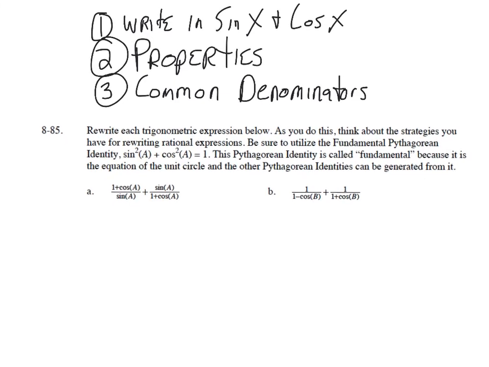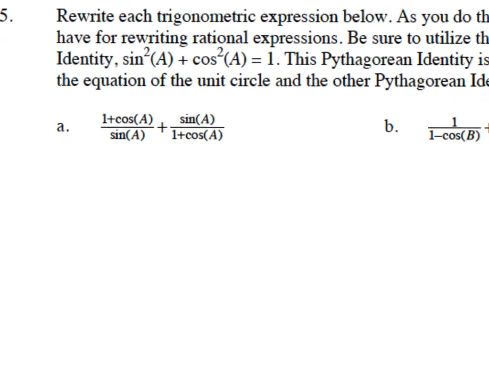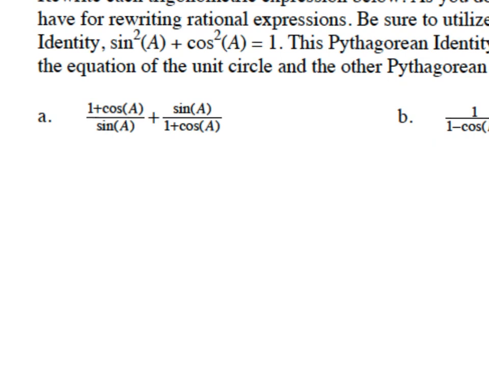So in this first problem, it looks like everything's in terms of sine and cosine already. Now what I need to do is get a common denominator. So I'm going to multiply this second fraction by the sine of a. Since sine of a is a factor in the first fraction's denominator, I'm going to multiply by a giant 1, which is sine a over sine a.